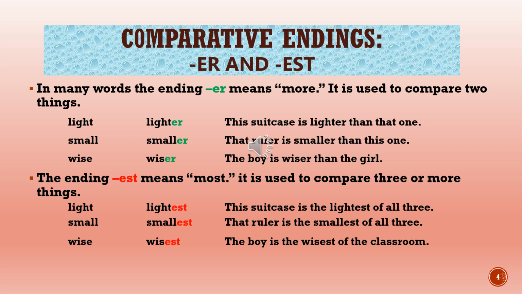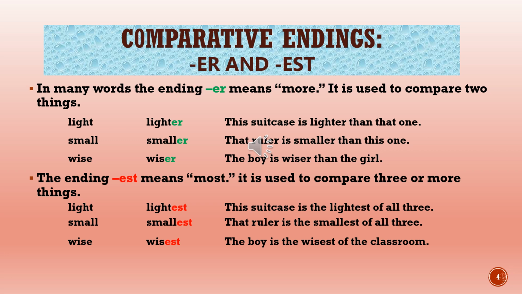Light and light. The word that you are going to have is going to be lighter. You add ER to the word light because you are going to compare two things. Now, let's read the sentence. This suitcase is lighter than that one.